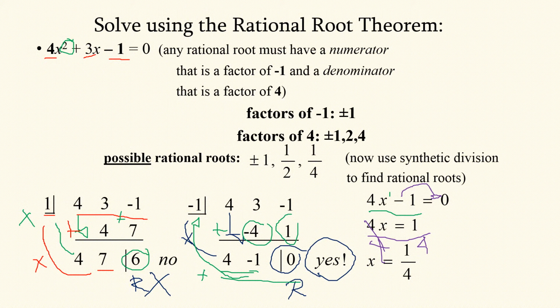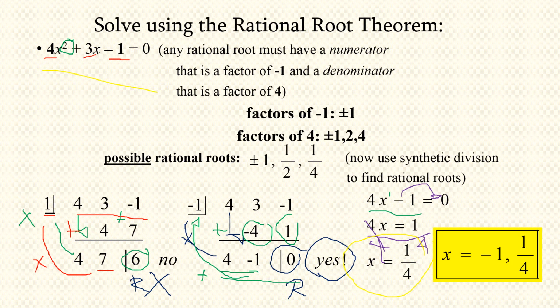Then, ang naiwan na ating value of x will be 1/4. So, ito ay isa na rin siyang root of our given equation. Then, yung ating mga roots will be -1 and positive 1/4. So, ganun lang siya kasimple.